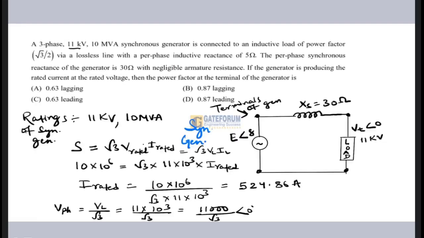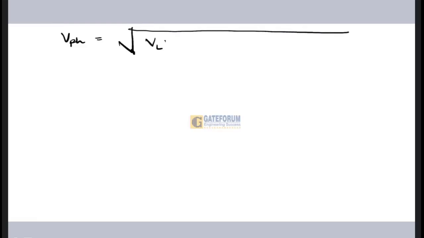Okay, so in the EMF equation, I get V phase, that is the terminal voltage, is equal to under root of (VL cos 30 plus IA into RA) whole square plus (VL sin 30 plus IA into XS) whole square.